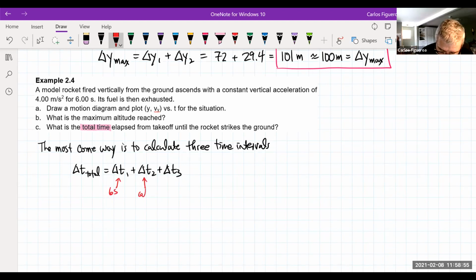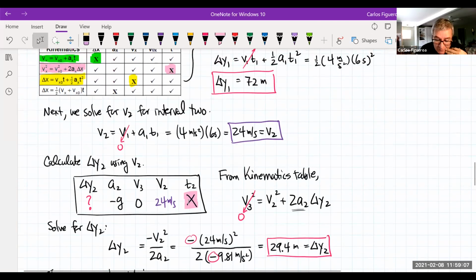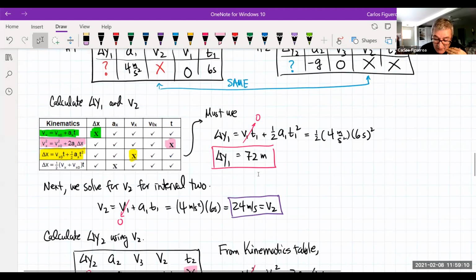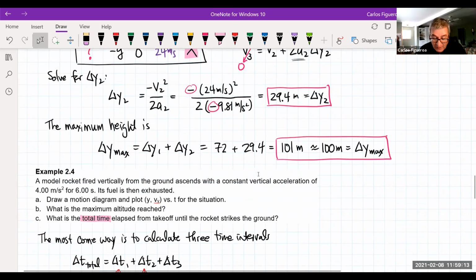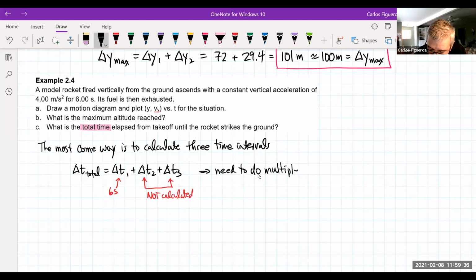This one we calculated. Did we calculate it for time 2? No, we didn't calculate time 2. So that means that this one and this one are not calculated, and what this implies is that you need to do multiple calculations.